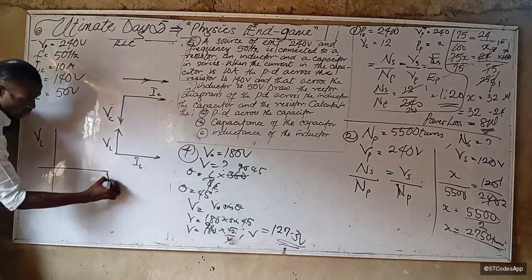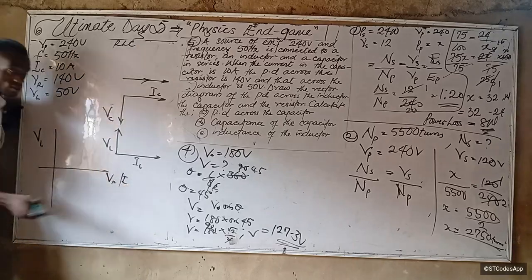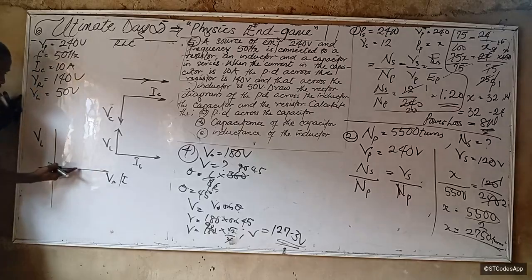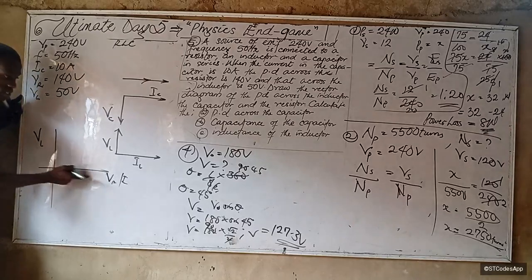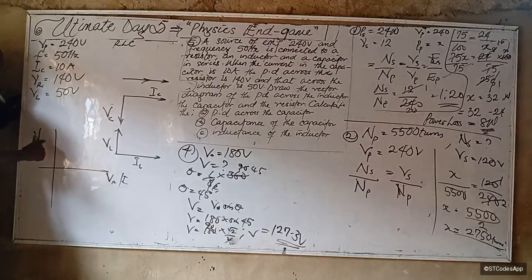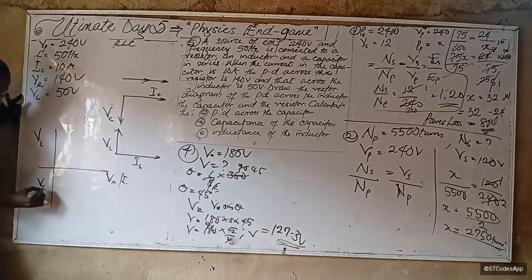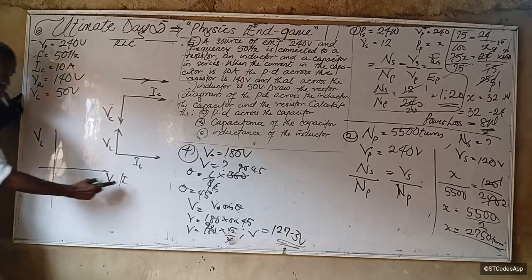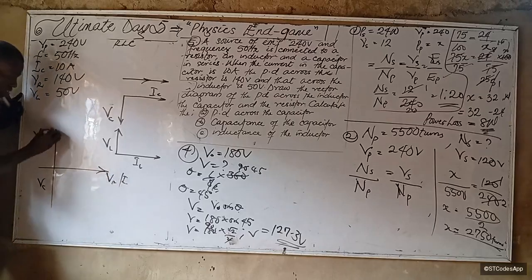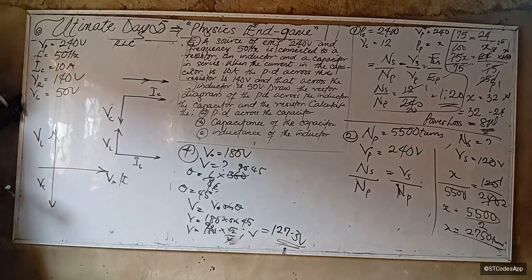Because if you say V sub R and I here, it means that relative to this and this, current is lagging behind voltage V sub C. Relative to this and this, I is what? Leading voltage. Is this clear at all?